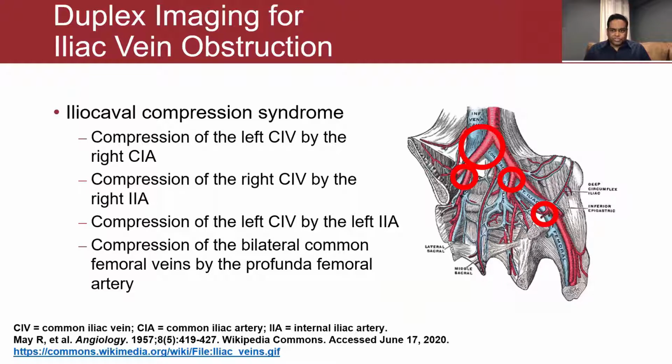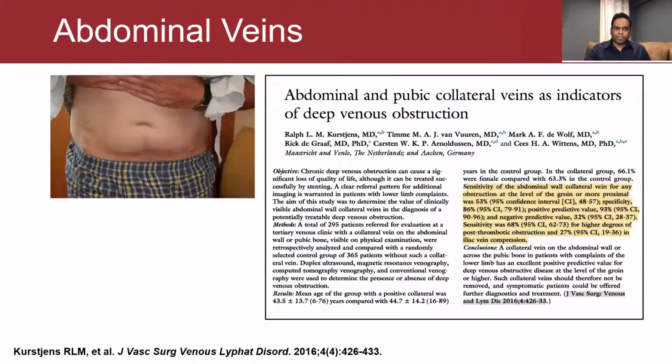We also need to understand that there are compression points, and most of us know this about the iliac vein obstruction syndrome, which is usually in the left common iliac vein by the compression of the right common iliac artery. But similar compression can happen in the right common iliac vein, the left common iliac vein at the confluence of the internal iliac artery, and bilateral common femoral veins by the profunda arteries.